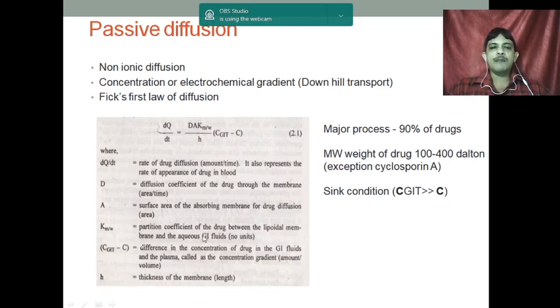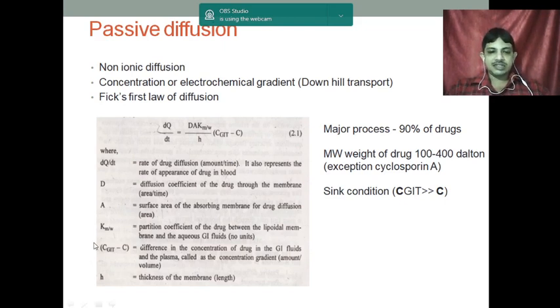From this we can say that if D is more, the rate of diffusion is more. If the surface area A is more, the rate of diffusion will be more. If Km/w, the partition coefficient, is more, that means if the drug is more lipid soluble, the rate of diffusion will be more.